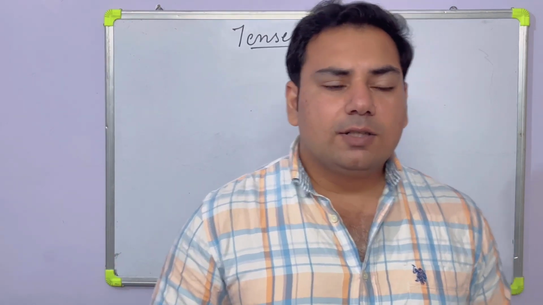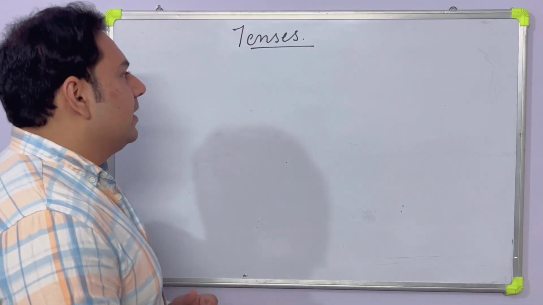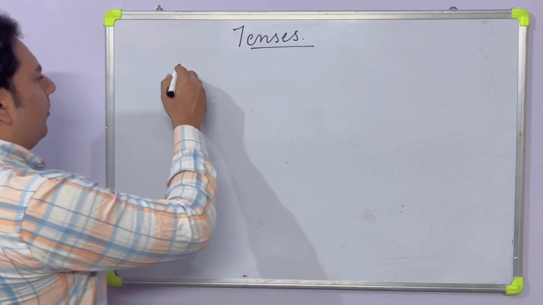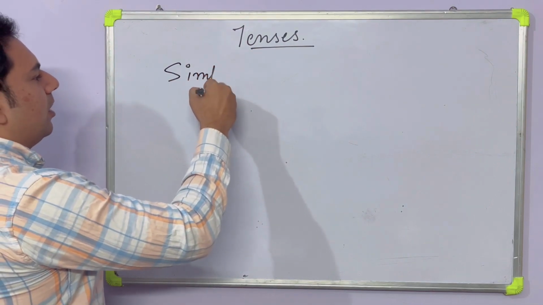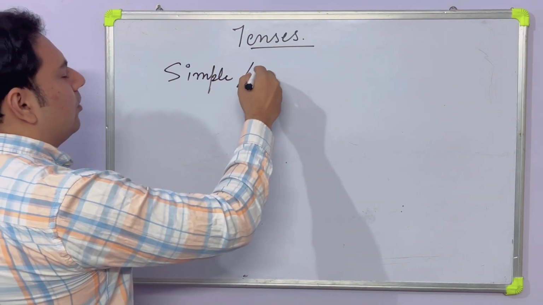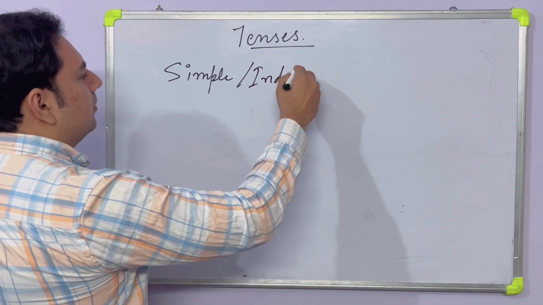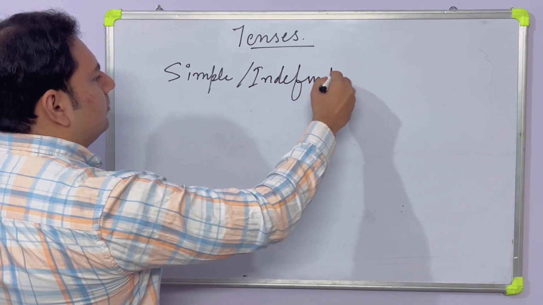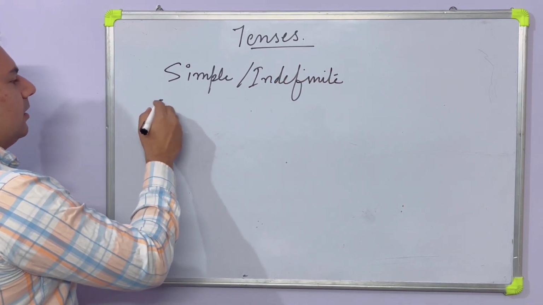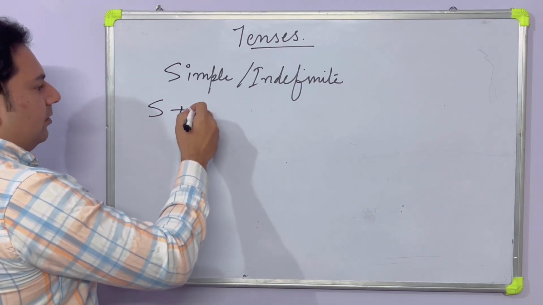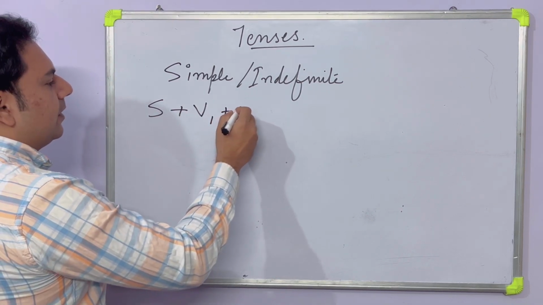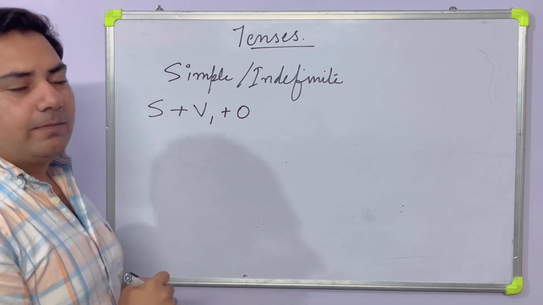So let's start. The first one is the simple present or indefinite. That is very simple. It has just the subject, first form of verb, and the object.